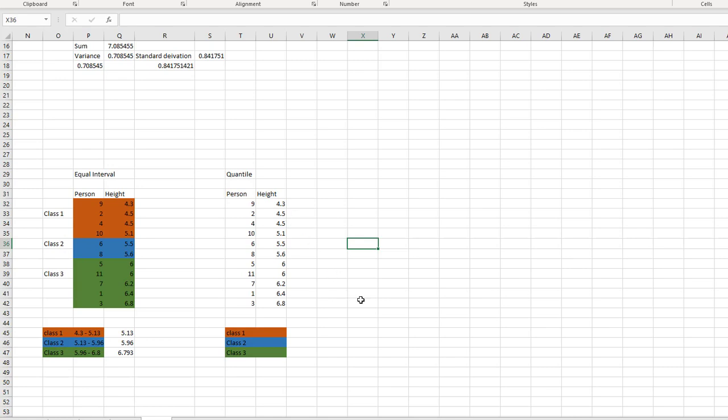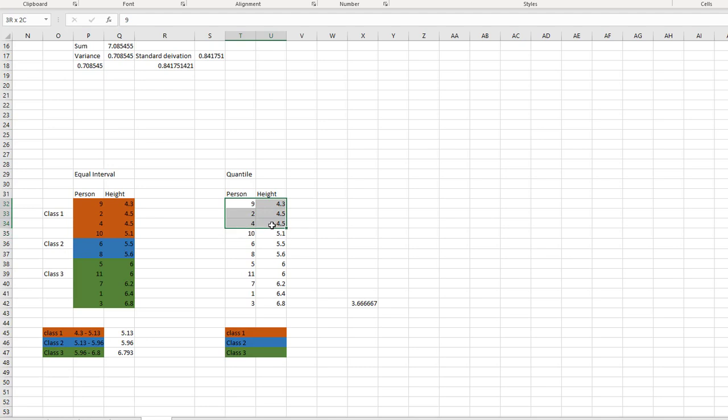So we have 11 observations, and we want 3 classes. That's how we calculate the number of observations per class: the total number of observations divided by the number of classes. So 11 divided by 3 is 3.66, which means we're going to alternate between 3 and 4. We start at the top and go 1, 2, 3.